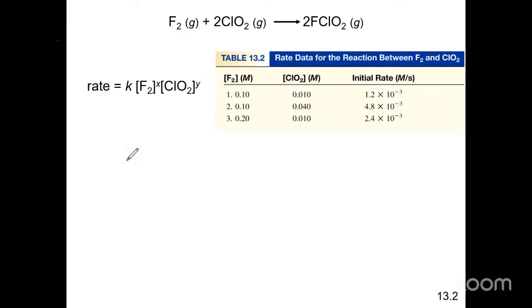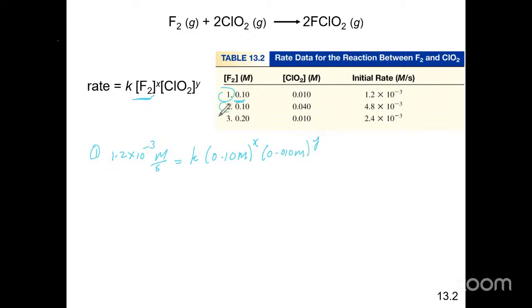So what I'm going to do is write down the rate law, but input the data that is given, right? So this is for the first run. Rate, which is 1.2 times 10 to the minus 3 M per second, is equal to k, we don't know what that is, times the concentration of F2, which is 0.10 M raised to the x, times the concentration of ClO2, which is 0.010 M raised to the y, right?